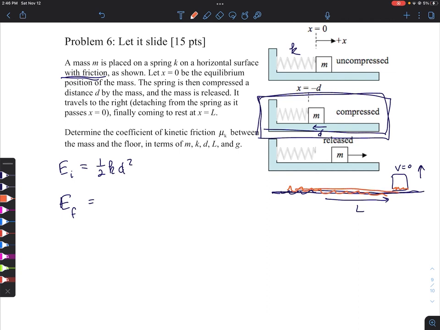So the work that the friction force did is the only energy left in the system. The final energy is all heat, and it's equal to the magnitude of the work done by friction, which is mu times the normal force, that's the force of friction, times the displacement.